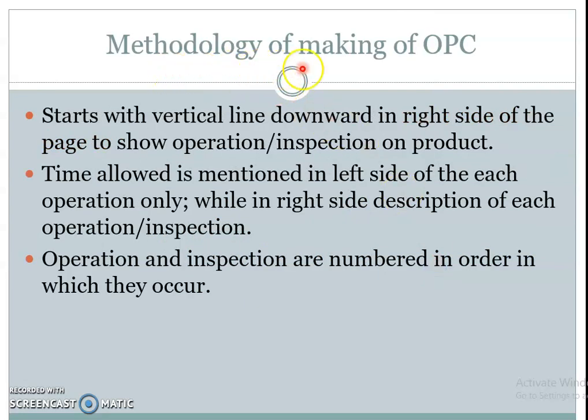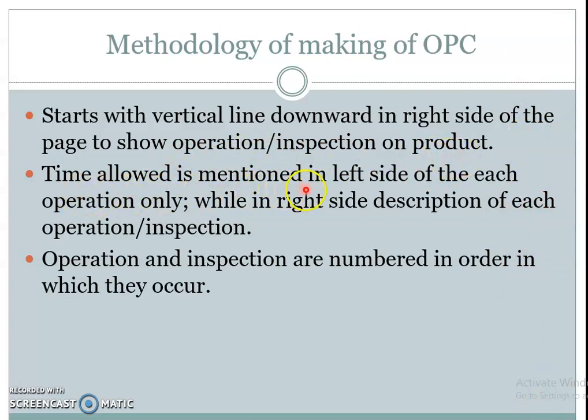Now, what is the methodology for making an outline process chart or operation process chart? It starts with a vertical line drawn in the downward direction on the right side of the page. On the right side of the page we draw the lines and put the symbols as per the occurrence of the operation and inspection of the product.